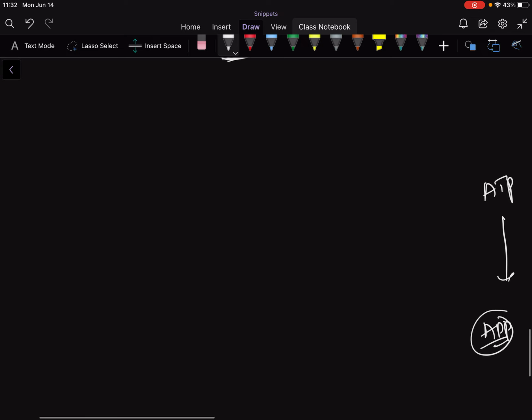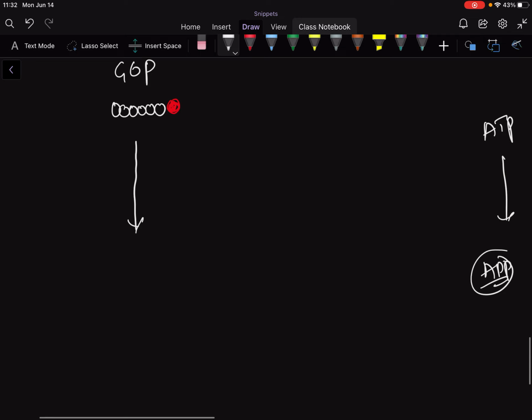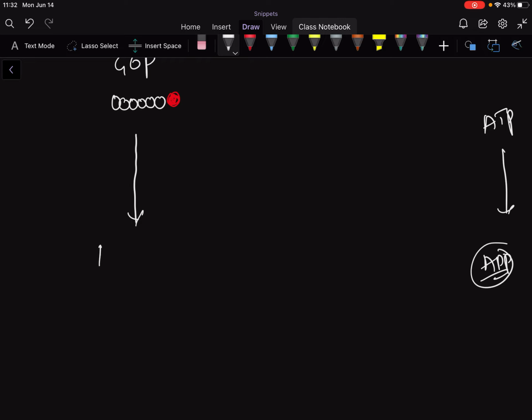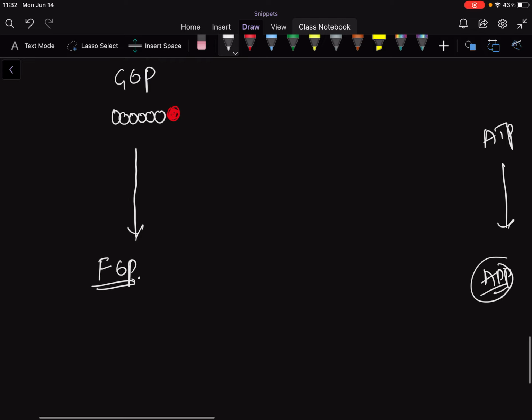So what will happen to glucose 6 phosphate? Here is a glucose molecule, and there is a phosphate attached here. Glucose 6 phosphate is converted into another compound called fructose 6 phosphate. Actually there are small hydroxylations, but nobody asks about these steps.